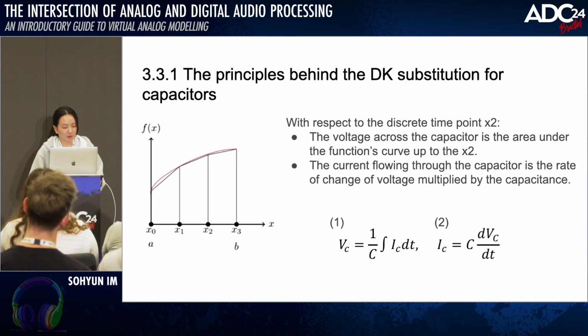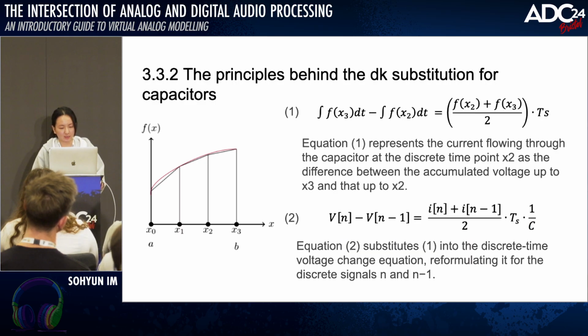And in the opposite, the current flowing through the capacitor is the rate of change of voltage multiplied by capacitance, as we see in equation 2. We can express this like this.